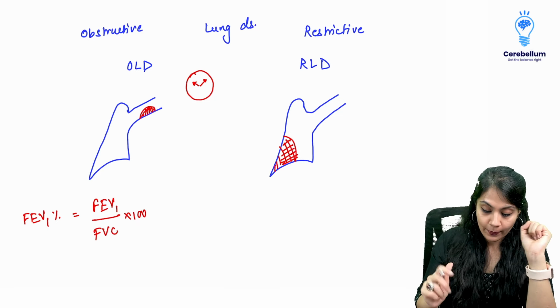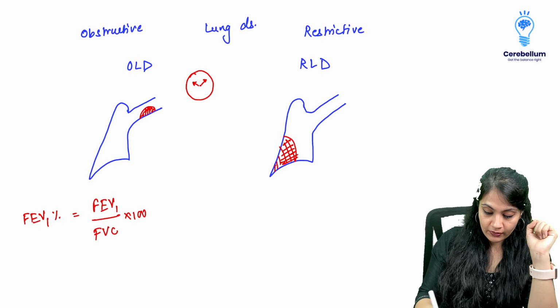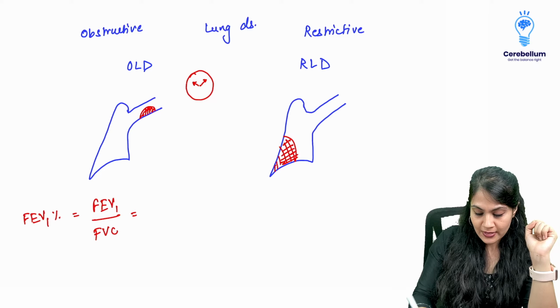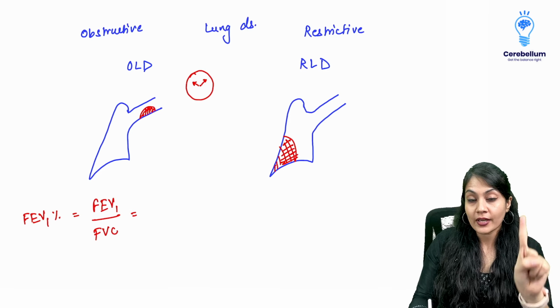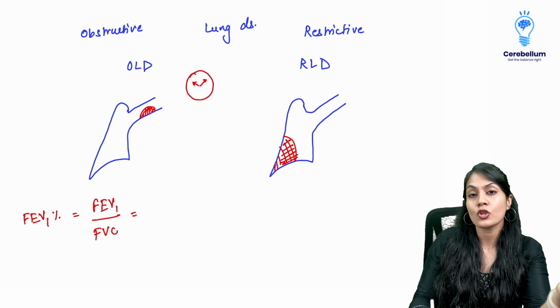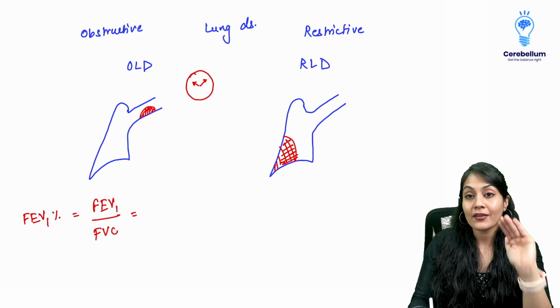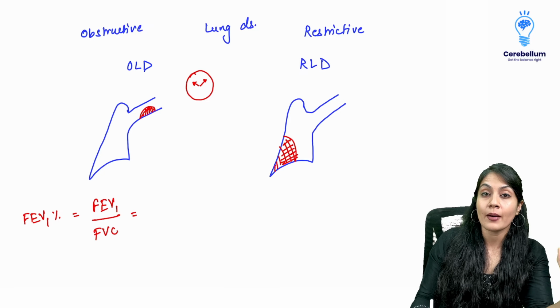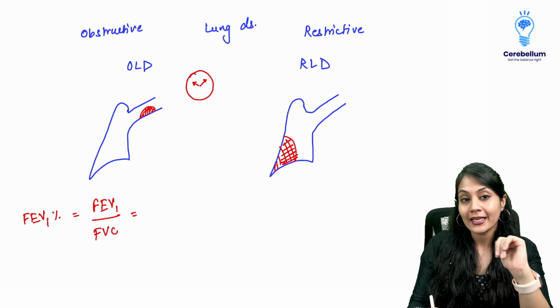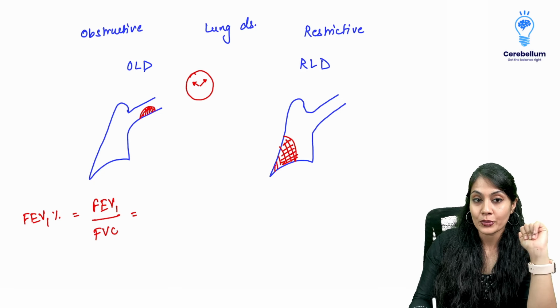FEV1 upon FVC. Now, I'm removing this 100 because it will be easier for us. During the first second, can all the air come out which was there in the normal healthy person? No. But will the total amount of air come out? Yes, the total amount of air is going to come out.